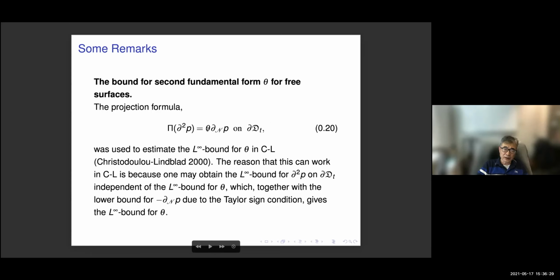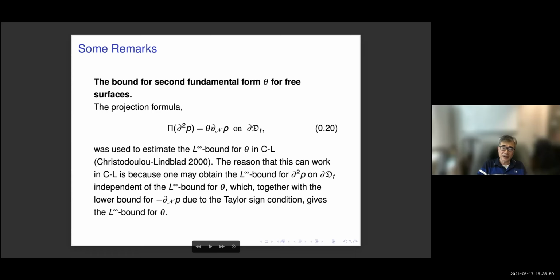So here theta is the second fundamental form. This is a projection formula. This means the tangential component of the second derivative of pressure is given by this second fundamental form multiplied by the normal derivative of pressure.